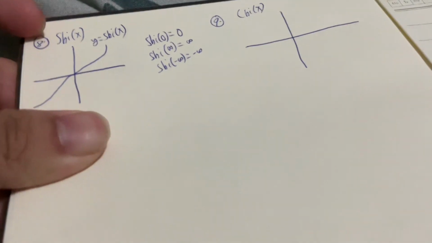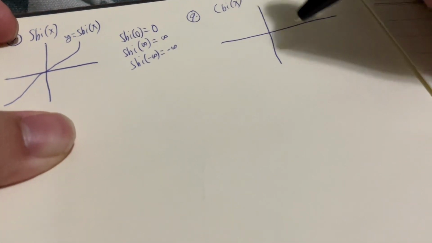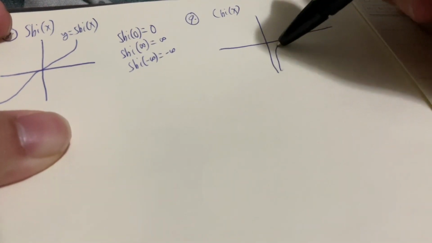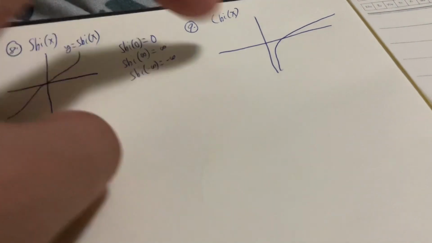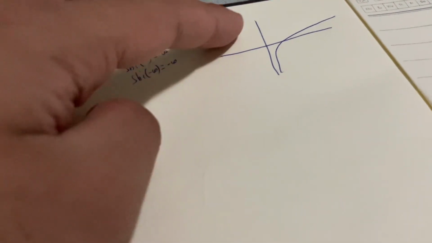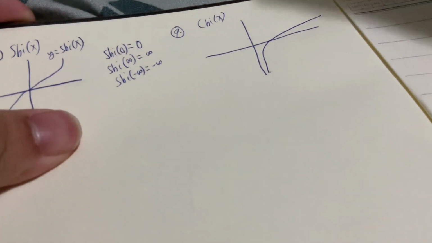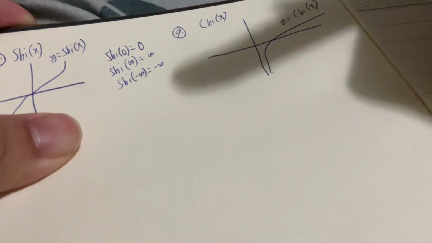And Chi of x, its graph is like ln x, it's just ln x, but it grows slower, or as slow as ln x. The x needs to be greater than 0, and this is the graph of Chi of x. So you can check the graph.